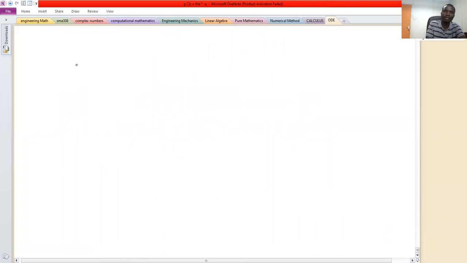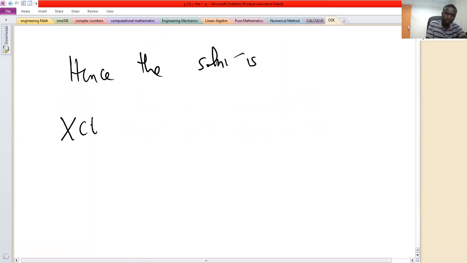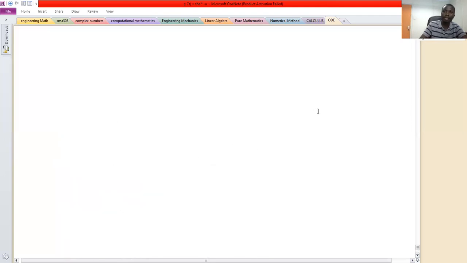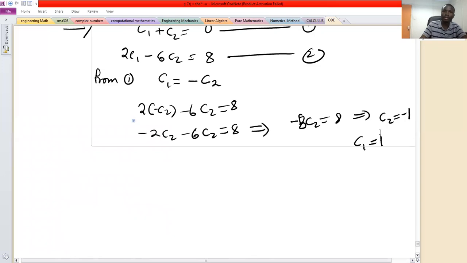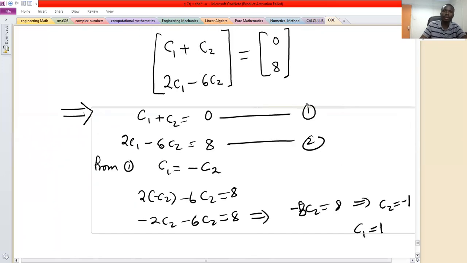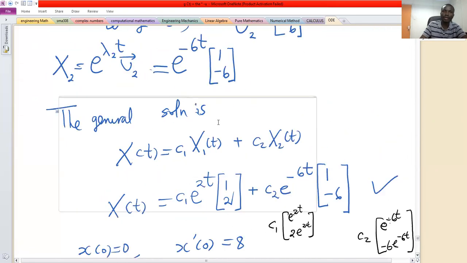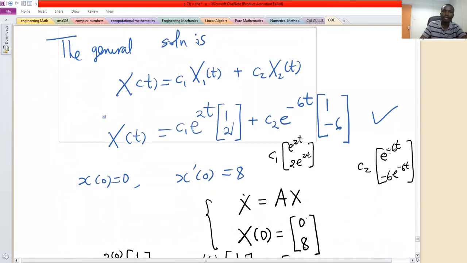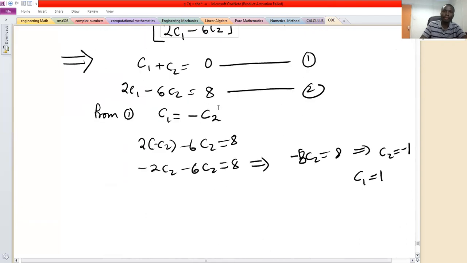So hence the solution is x of t. We have found out that c1 is 1 and c2 is minus 1, so just replace the values here. This one is 1, this one is minus 1.